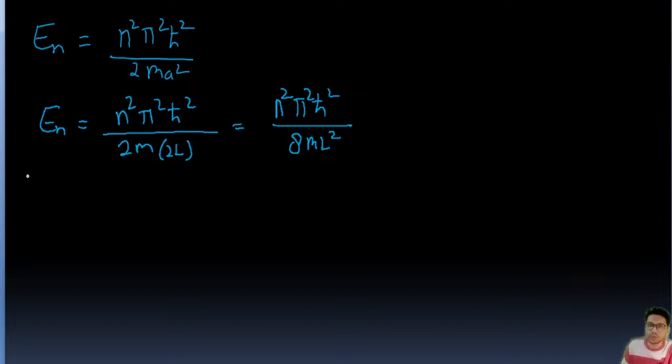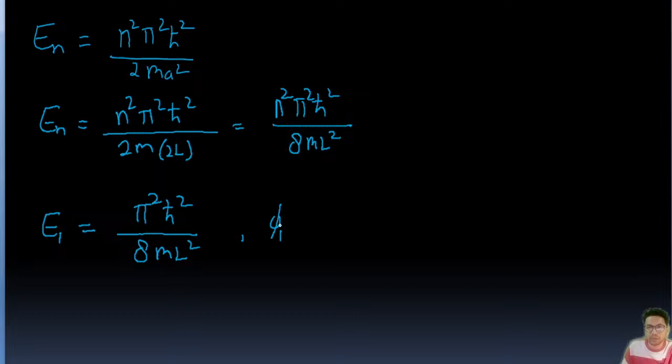Now we will find E1, the ground state energy. For the ground state, n equals 1, so E1 is pi square h square upon 8 m L square. The wave function of it is phi 1.